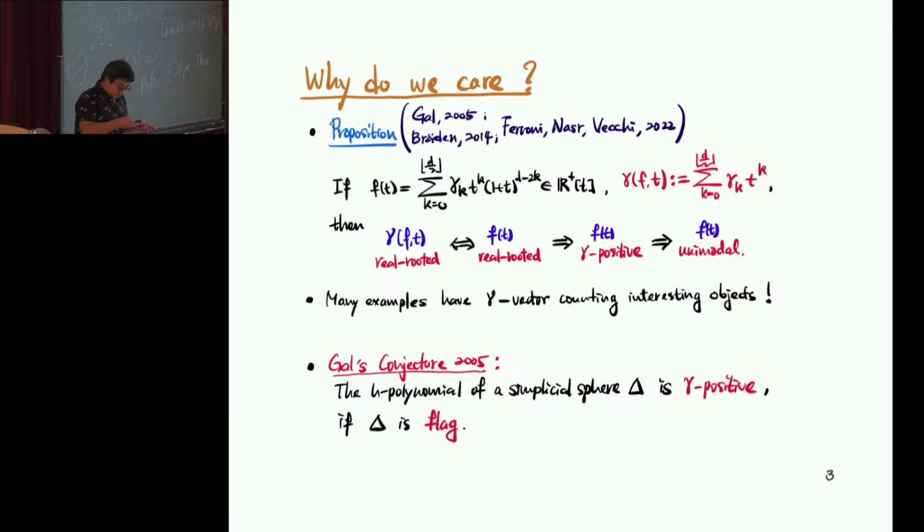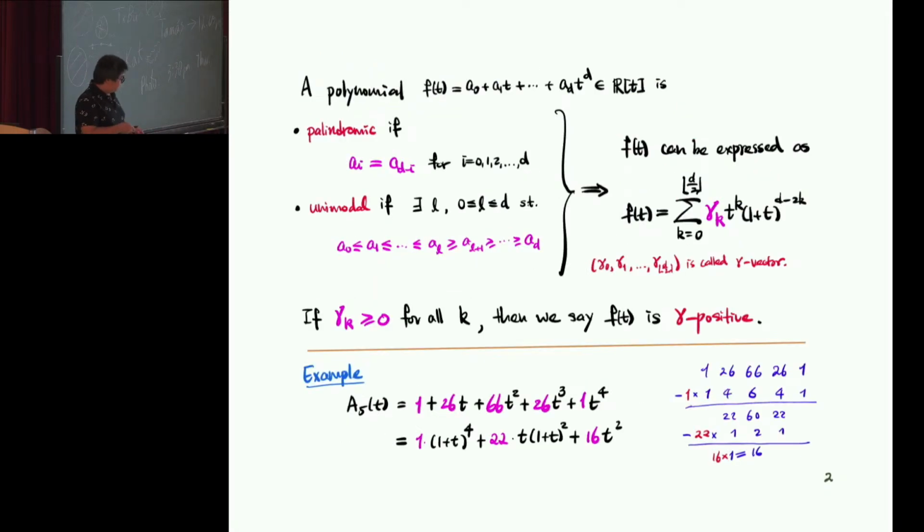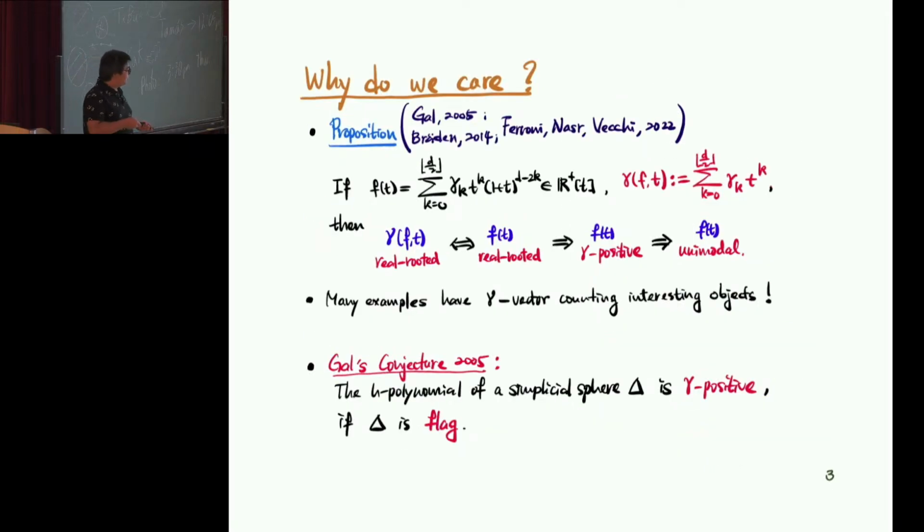For example, this polynomial is known as the Eulerian polynomial when n equals 5, and the coefficients count a subset of permutations by number of descents, where the descents should not be consecutive, something like that. So they are counted by interesting combinatorial objects.